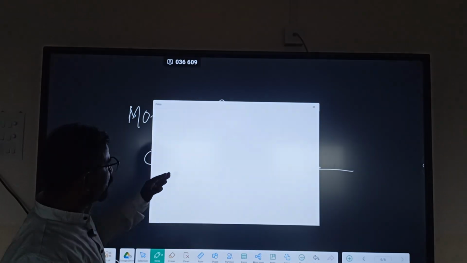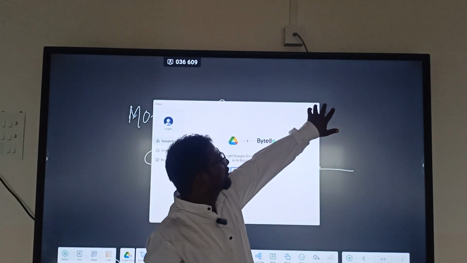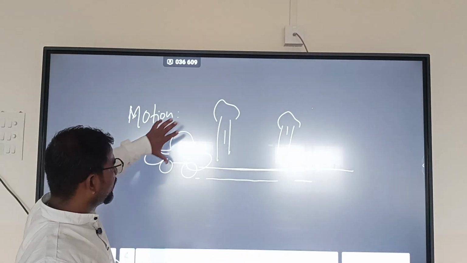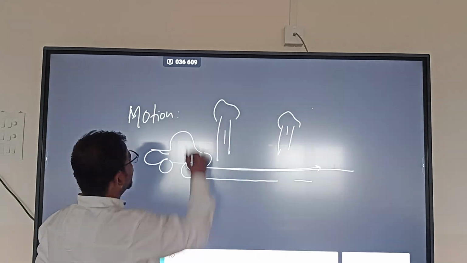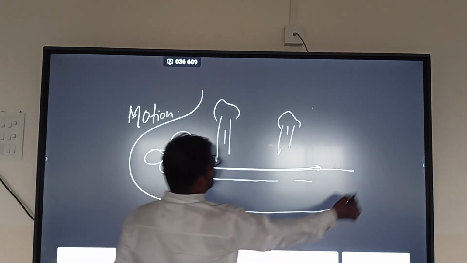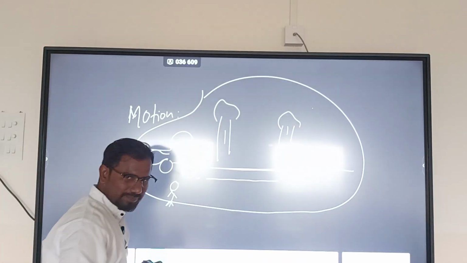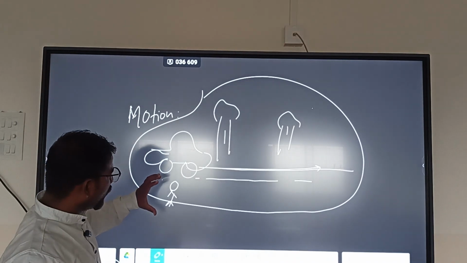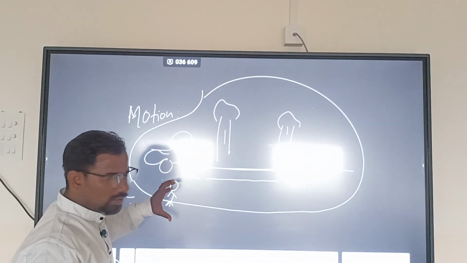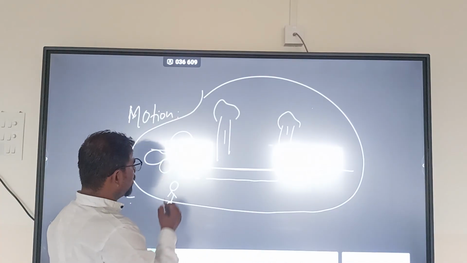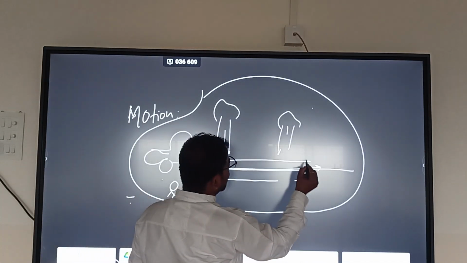Motion always requires two things. One is a reference frame. Suppose I am standing here, observing this car. From the observer's point of view, the car is moving.